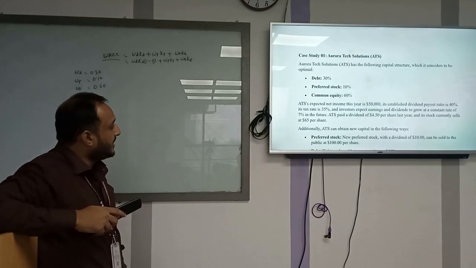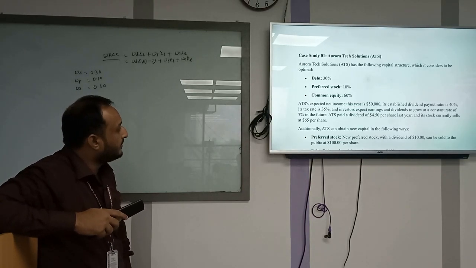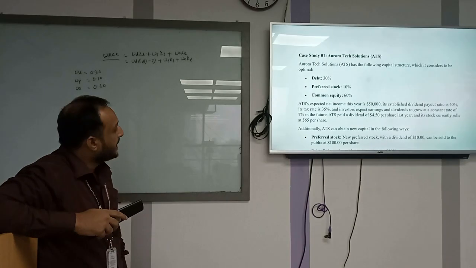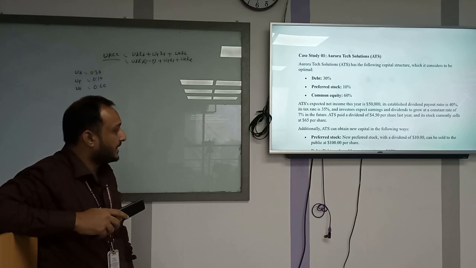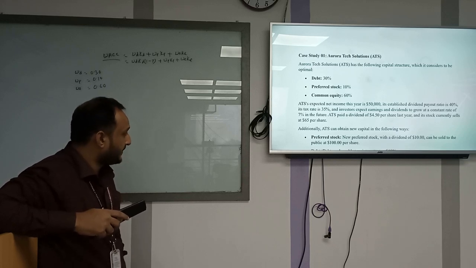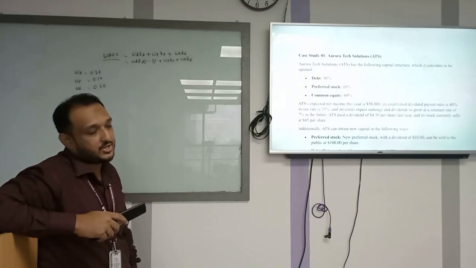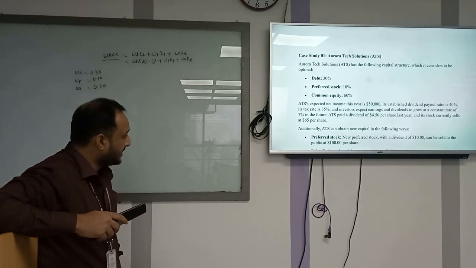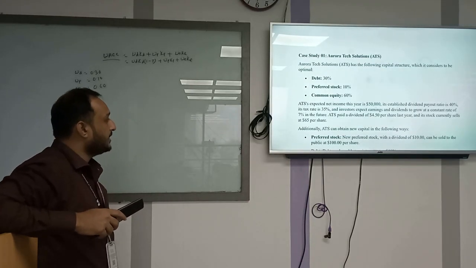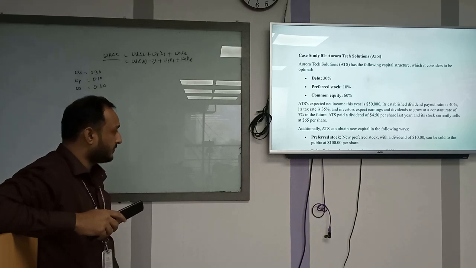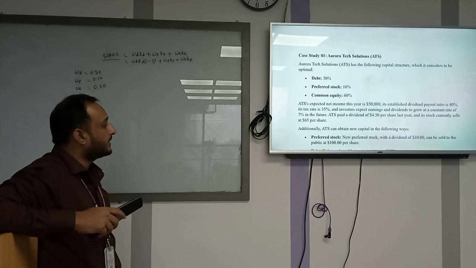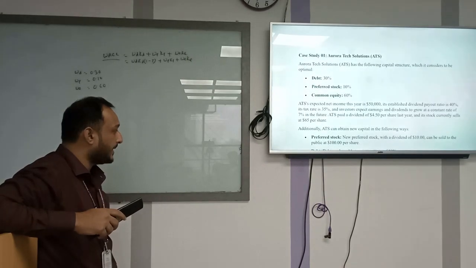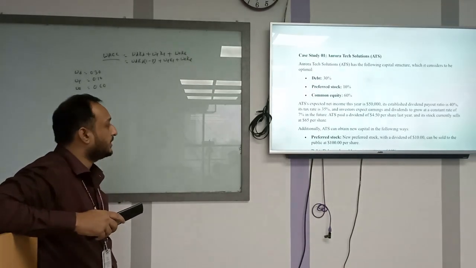Okay, and investors expect earnings and dividends to grow at a constant rate of 7% in the future. ATS paid a dividend of $4.5 per share last year and its stock currently sells at $65 per share. Okay, additionally ATS can obtain new capital in the following ways. First, preferred stock. A new preferred stock with a dividend of $10 can be sold to the public at $100 per share. Okay.